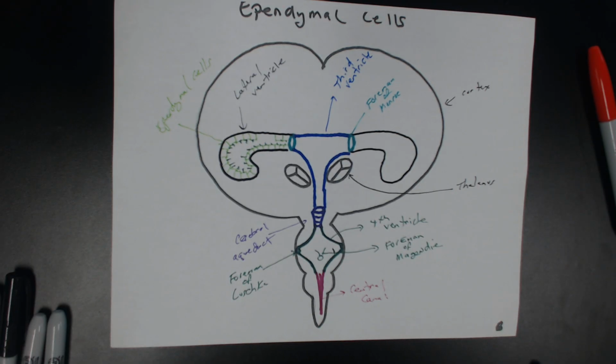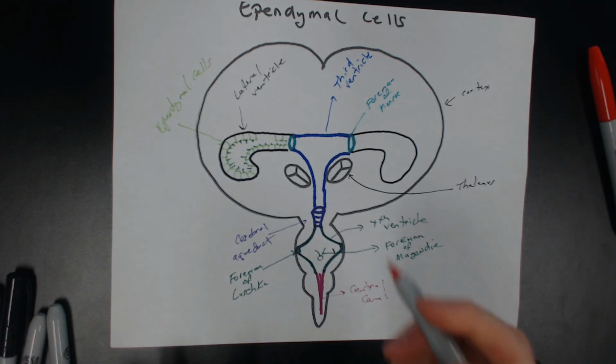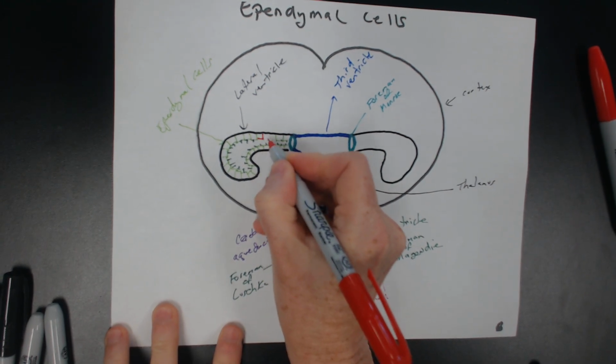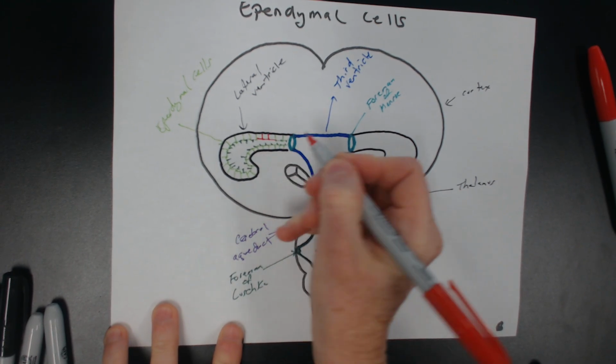Now, Paul asks, why did I leave a gap? Well, I left a gap so I wouldn't forget to draw in something very important. The thing that I'm going to draw in, and I'll draw it in red here for good contrast, is a specialized kind of ependymal cell. I'll just draw 3 of them there.